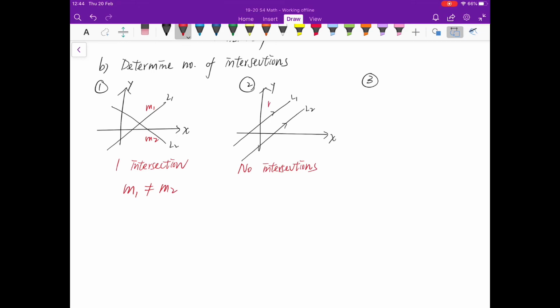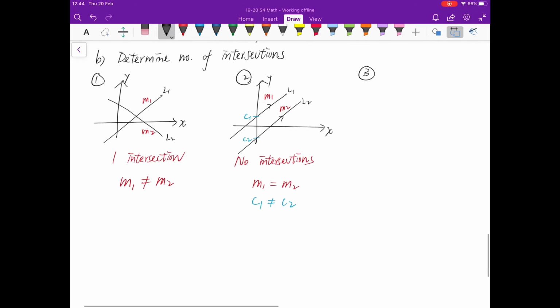Mathematically, first we compare the slopes, m1 and m2, and we know that m1 equals m2 as they are parallel to each other. Then we have to consider the y-intercepts c1 and c2. As you can see, they are at different points, so c1 doesn't equal c2. So using these two pieces of information, we can identify there are no intersections between these two straight lines.